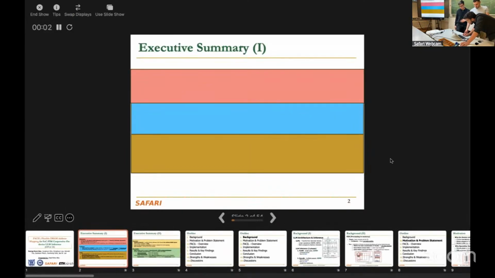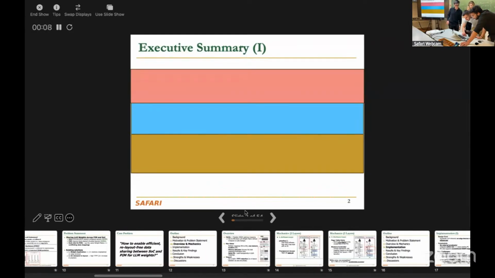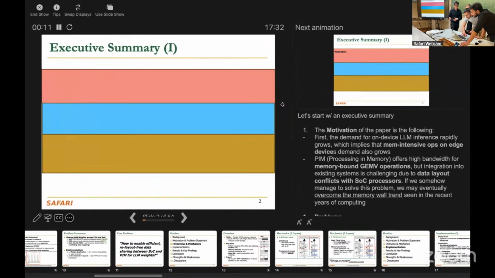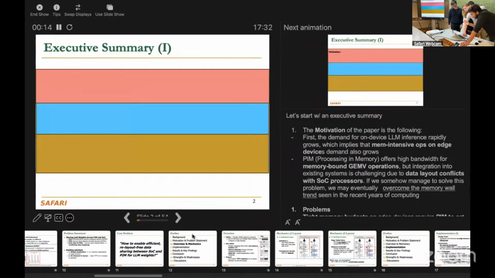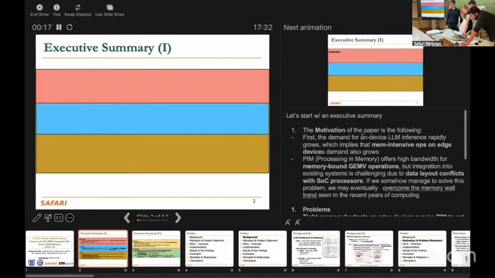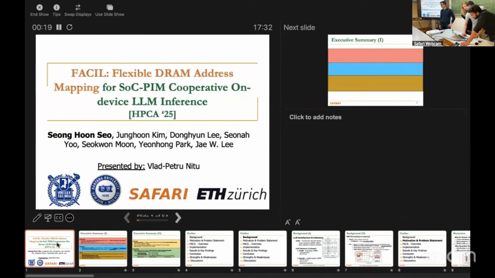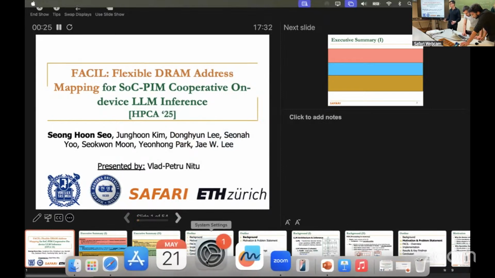Wait, what? I found it. No, it was just there. Yeah, that's what I was thinking. What if I slide? You need to share the other screen. You will share the other screen.